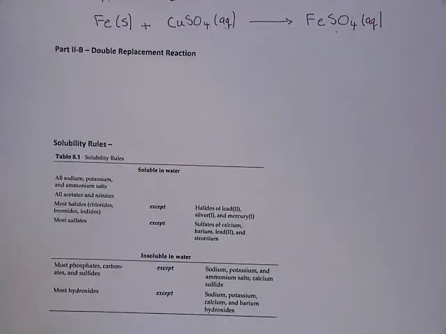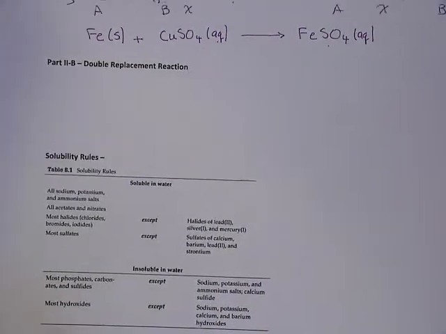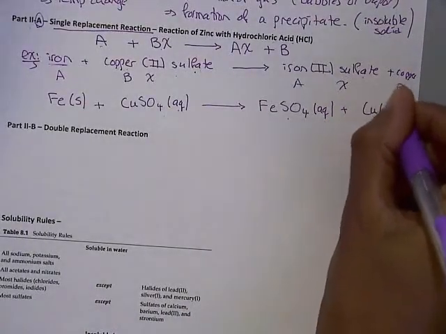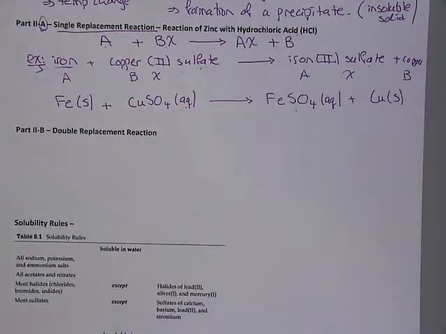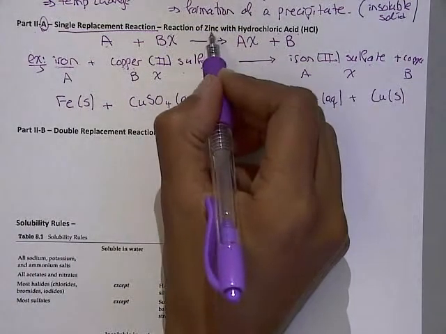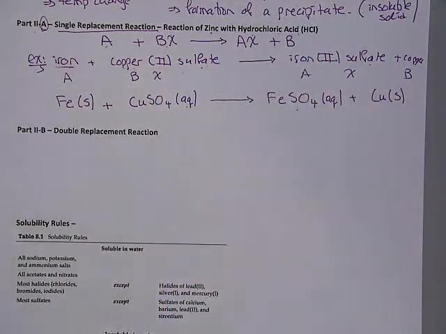So your solubility rules also help you determine what's aqueous and what's not, and we'll go over this heavily in lecture. So let's just finish up our chemical reaction, and we'll see that there are solid bits and pieces in our test tube, which is copper metal. So again, in part A, you're doing a reaction of zinc with hydrochloric acid.